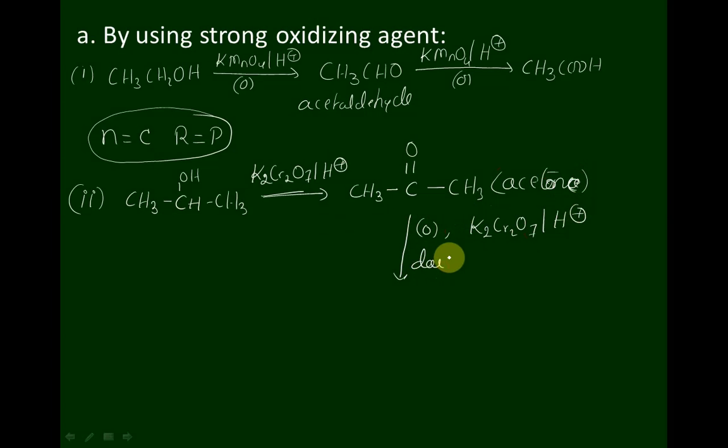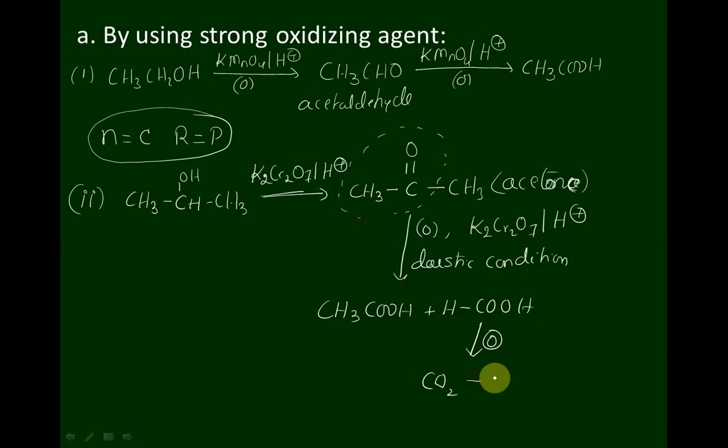Therefore, the reaction is carried out under drastic conditions, high temperature and pressure. Under drastic conditions, ketones get oxidized to acids. One acyl group gets converted into acid, and the remaining group gets converted into formic acid: acetic acid and formic acid. This formic acid further undergoes oxidation to form carbon dioxide and water.